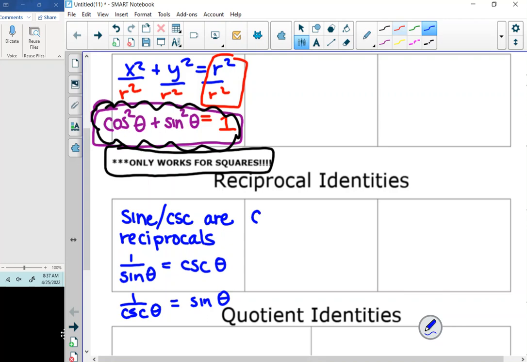My other two reciprocal partners are cosine and secant, and tangent and cotangent.